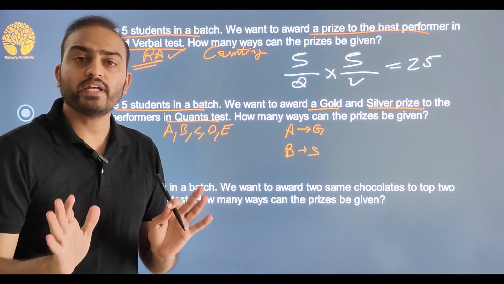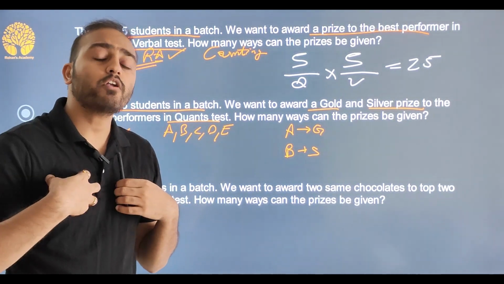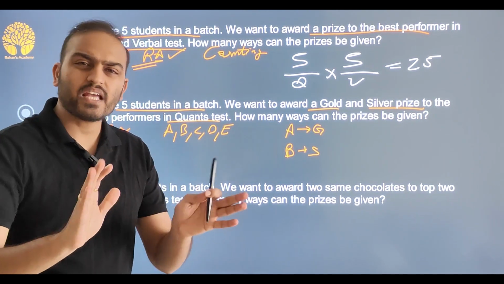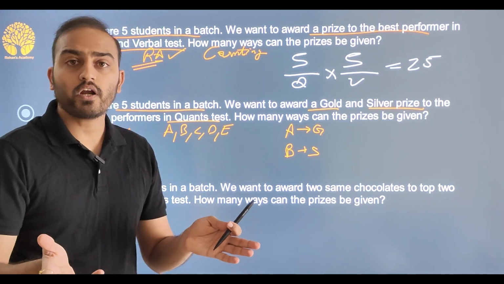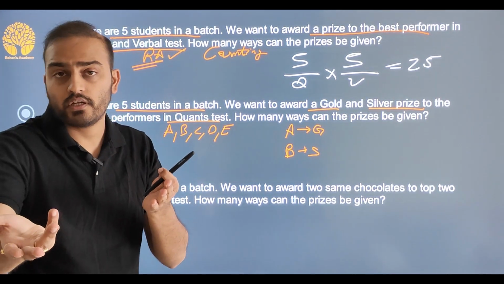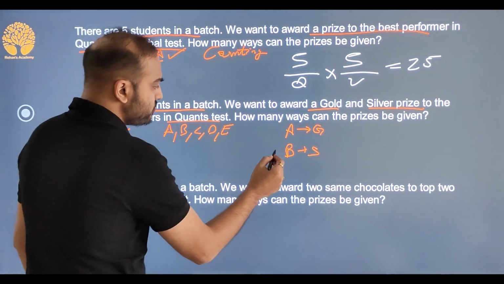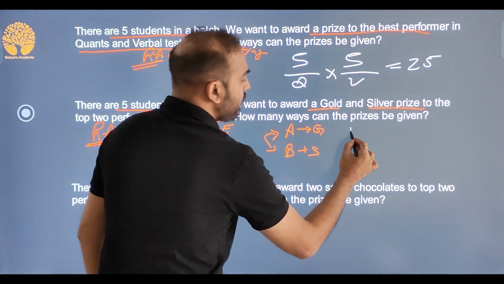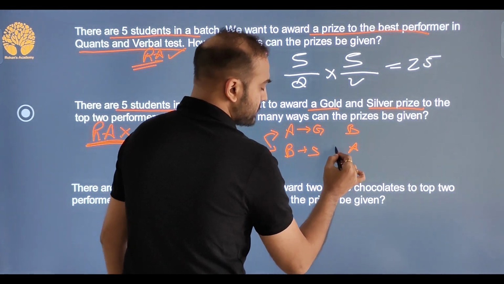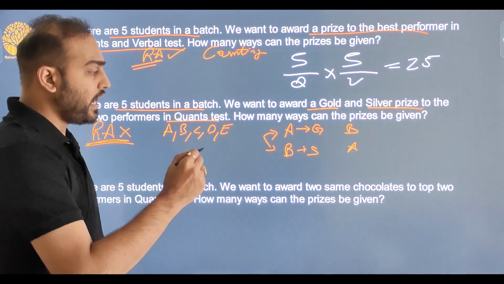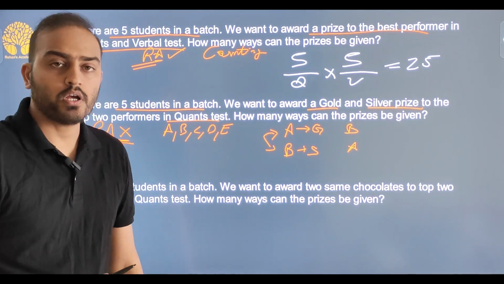It's the 2 of us only getting the prize, but now I will get gold, you will get silver. Is it the same scenario? Obviously not, because your medal is changing, correct? So when I interchange their positions, is it the same scenario or a new scenario? The answer is it's a new scenario.